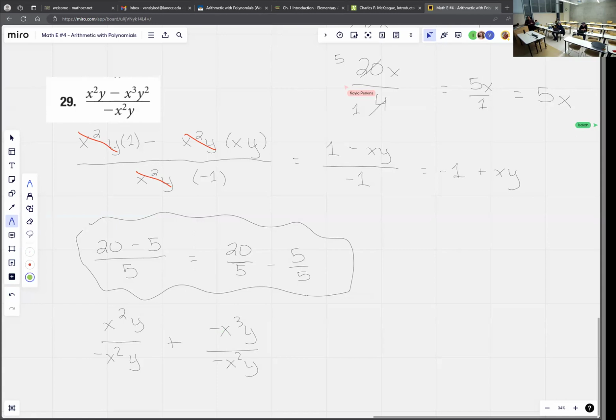So now when I cancel, x squared is gonna go away, y is gonna go away. That's just something over the negative of itself, so that's -1. And then this one, x cubed and x squared, well, two of the x's cancel, the last one sticks around. Whoops, that should have been a squared there. Same thing. One of these y's cancels, the other one sticks around, and the negative signs cancel out.